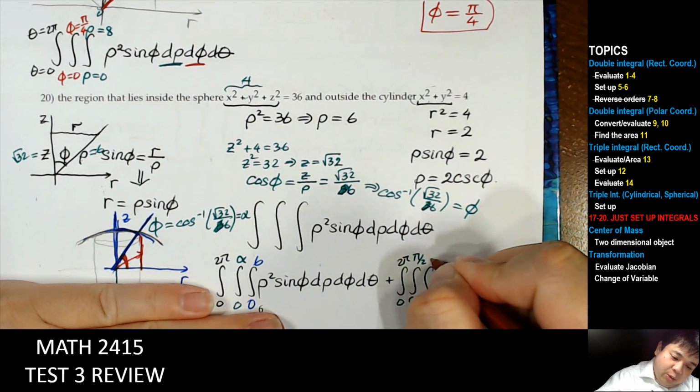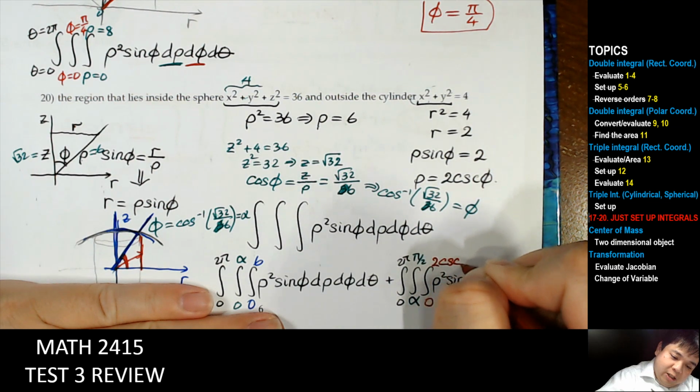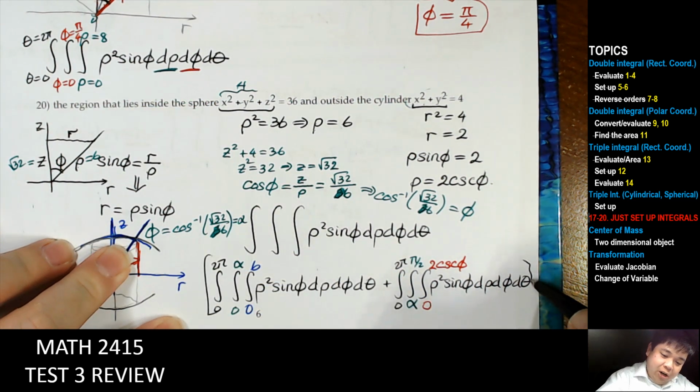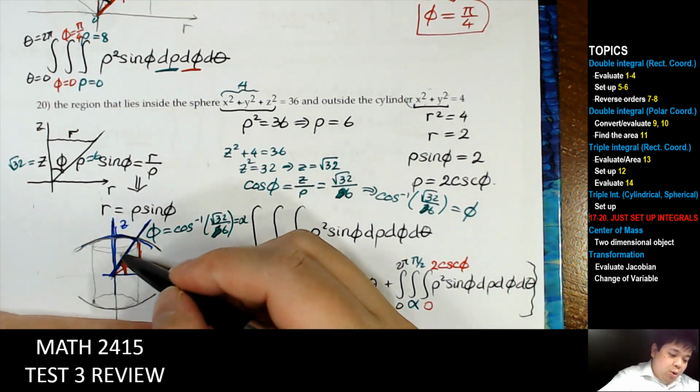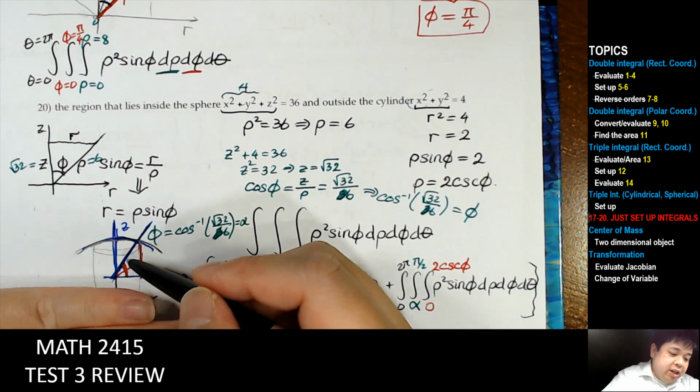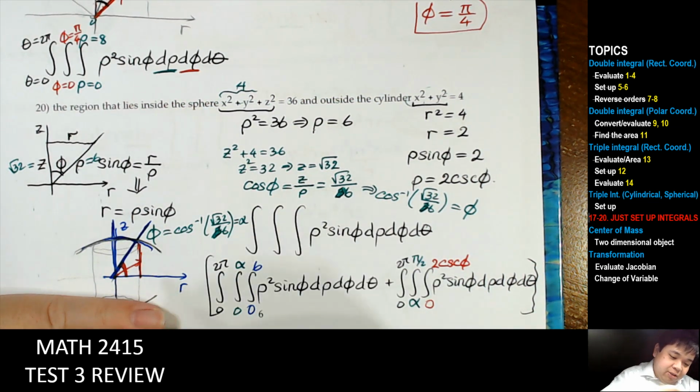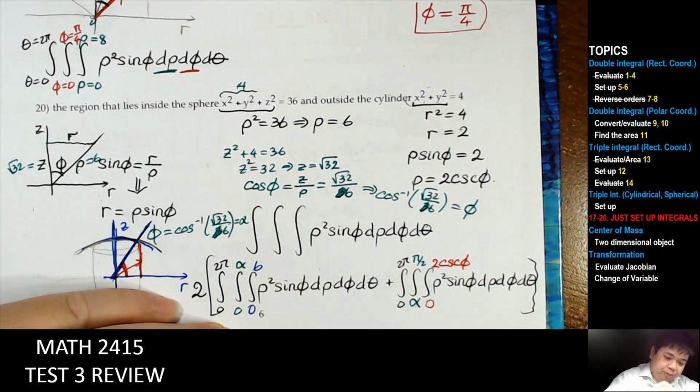So 0 to 2 cosecant of phi. Right. So that gives us half of the problem. Okay. So where's the other half? Notice that the one we have is the whole thing, like the upper half and the lower half. If we cut only from 0 to 90 degrees, that's only the upper half. So we just need to multiply by 2.